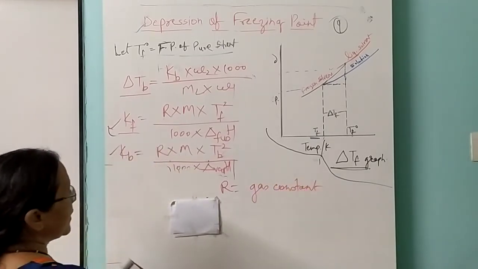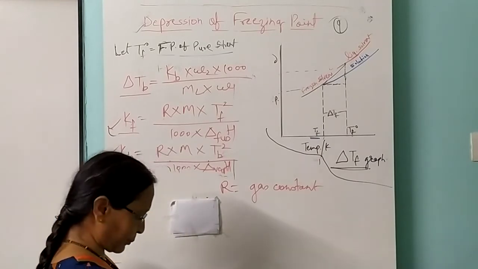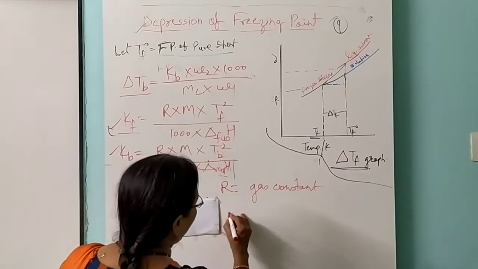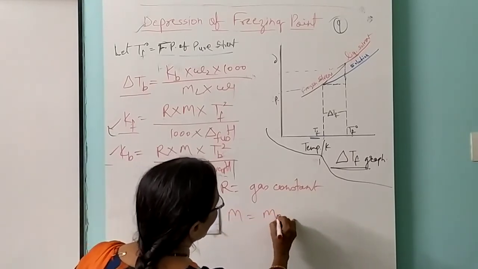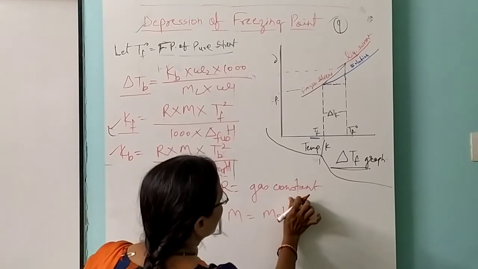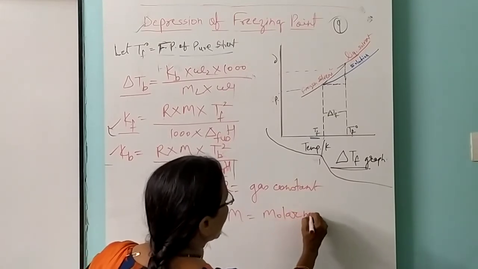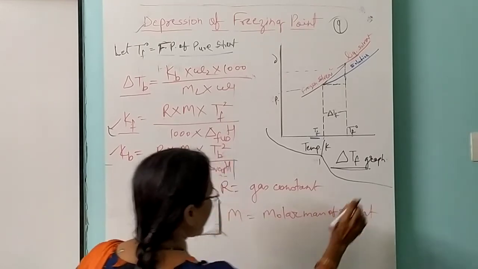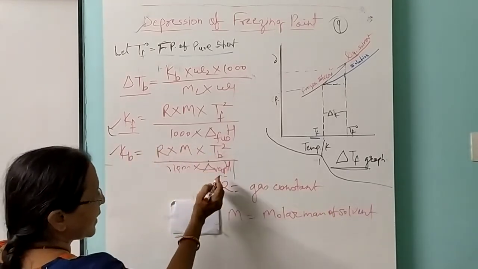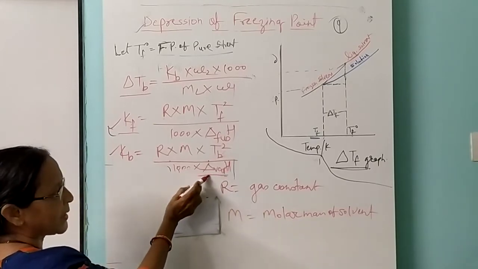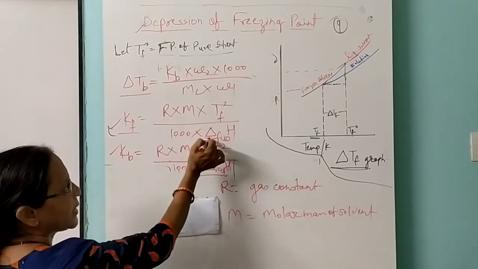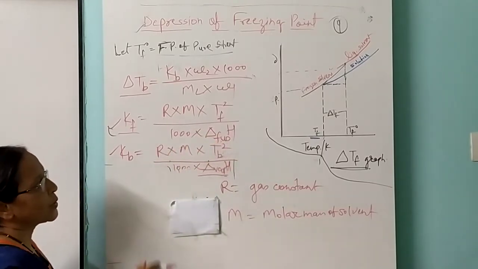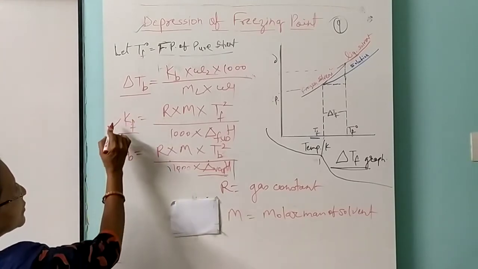Okay, and symbols R and M stand for gas constant, and M, capital M, is the molar mass of solvent. And the rest is the same, and this delta HV is the heat of vaporization, and here fusion means heat of fusion.